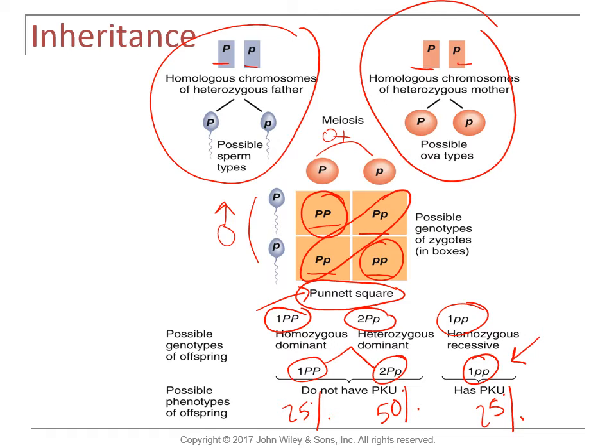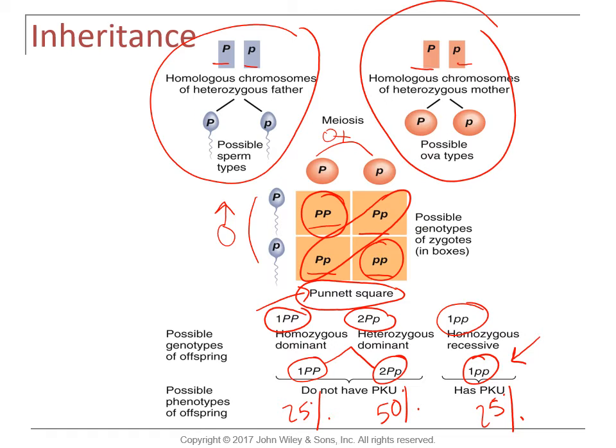PKU is a birth defect that causes an amino acid called phenylalanine to build up in the body. If left untreated, it can lead to brain damage, intellectual disabilities, behavioral symptoms, or even seizures.